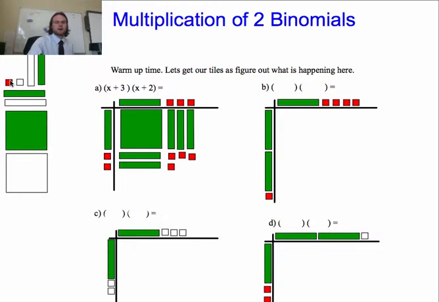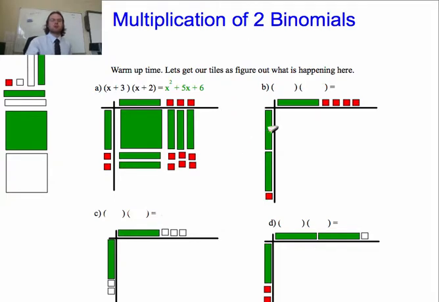And then we're going to have our 5th here and our 6. Okay? So I look at this, what do I have for my answer? Well, I have x squared plus 1, 2, 3, 4, 5x. Then we go plus 6. So there is my answer. x squared plus 5x plus 6.